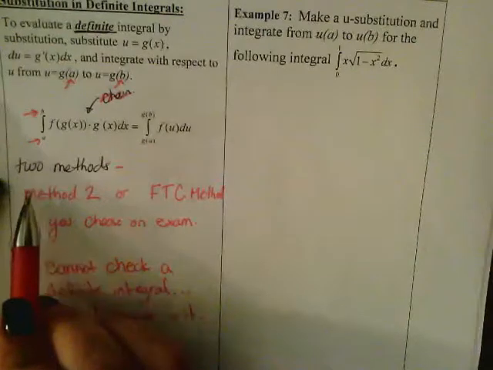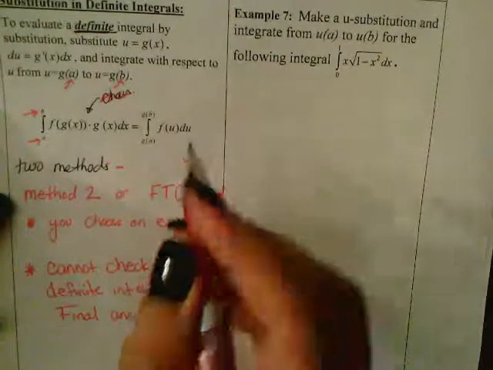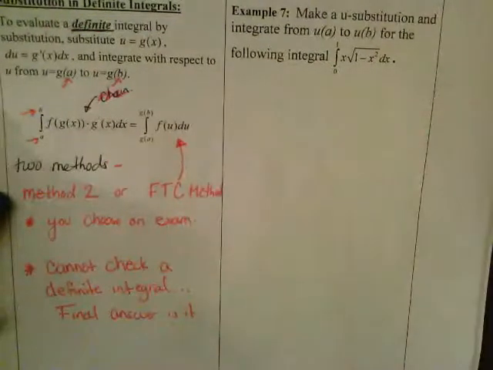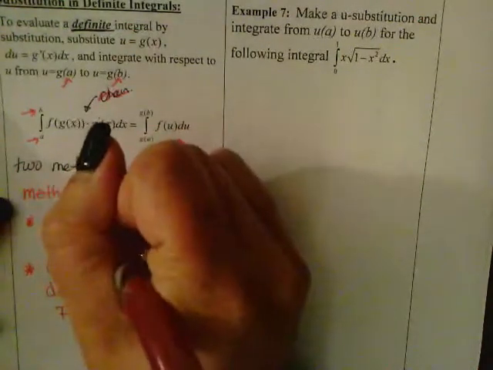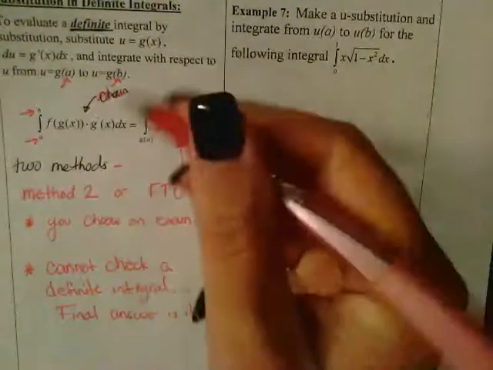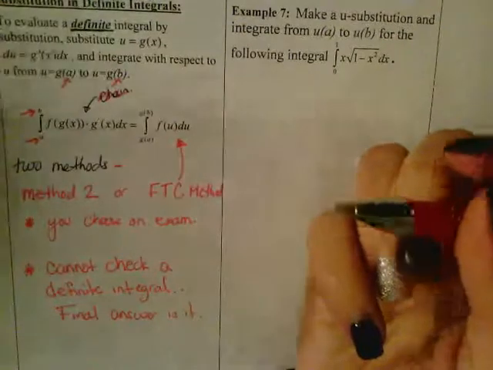I'm going to show you method 2 first. This is known as the fundamental theorem of calculus method, which is actually going to be easier, but I am going to show you both methods. Method 1 is for an indefinite integral, and method 2 is using u substitution for a definite integral.